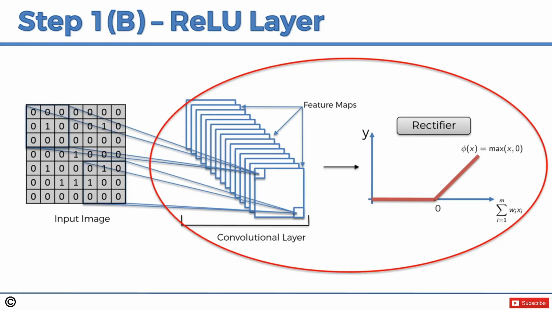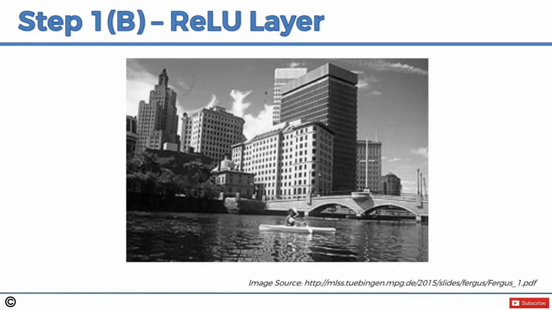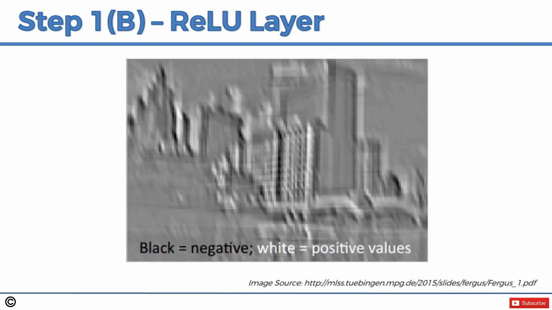So let's have a look at an example. Here is an original image. Now, when we apply a feature detector to this image, we get something like this. You can see here that black is negative, white is positive values. When you apply a feature detector to a proper image, which has not just zeros and ones, but lots of different values, and feature detectors can have negative values in themselves, sometimes you'll get negative values.